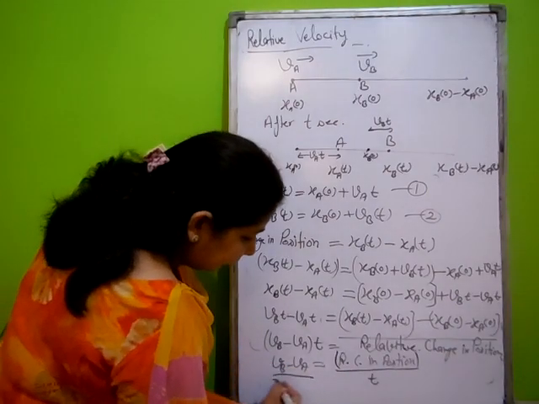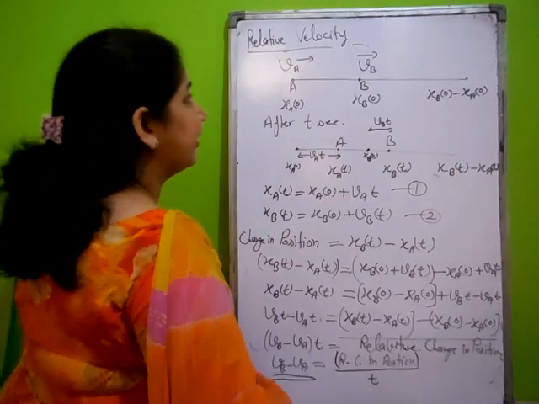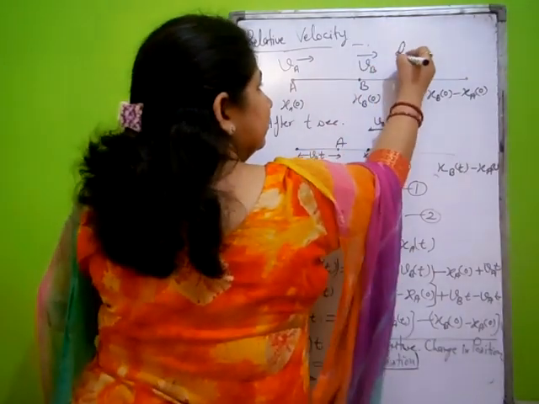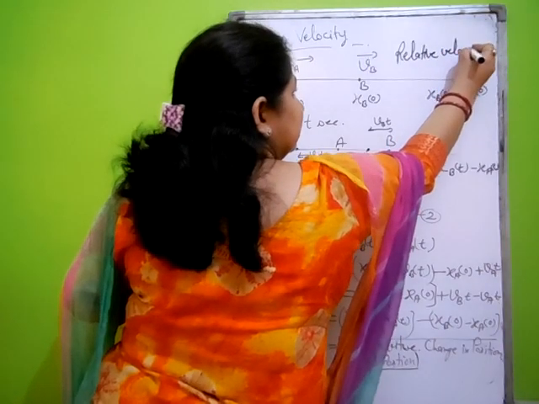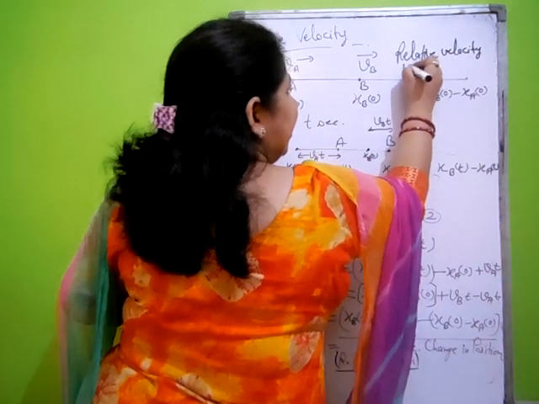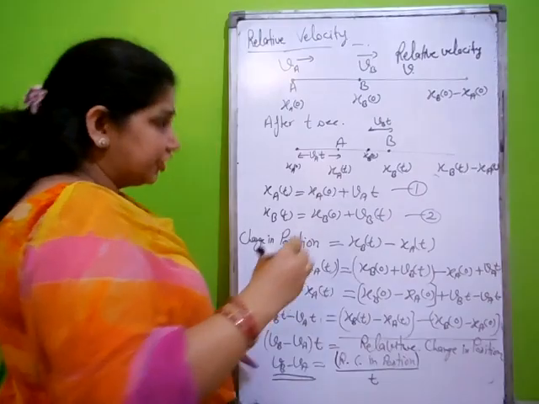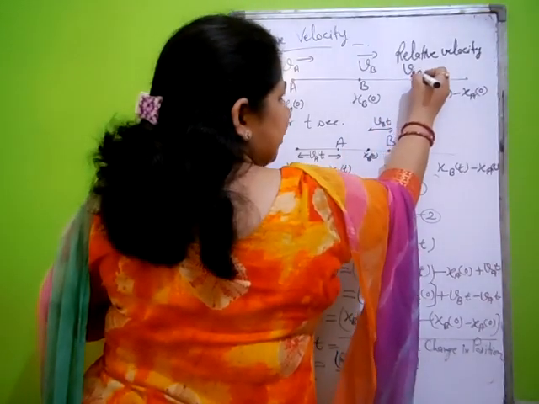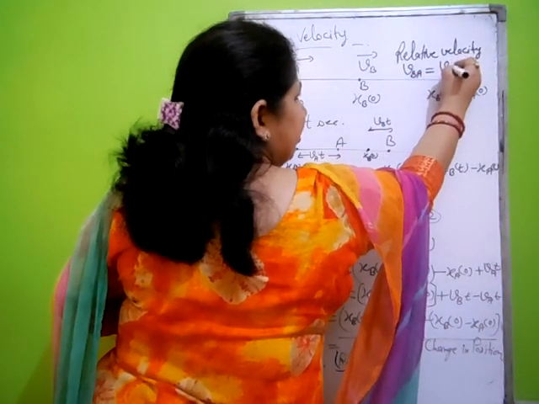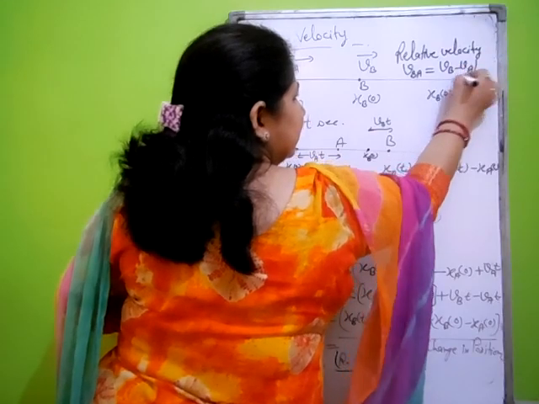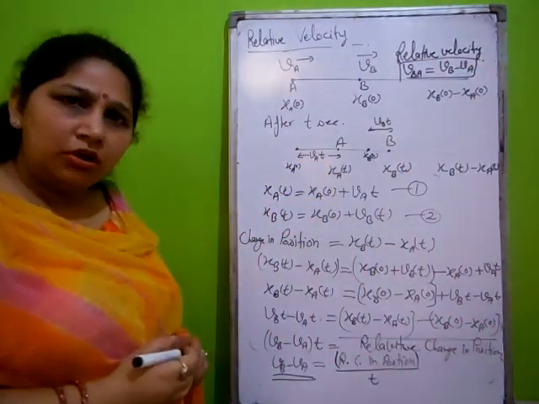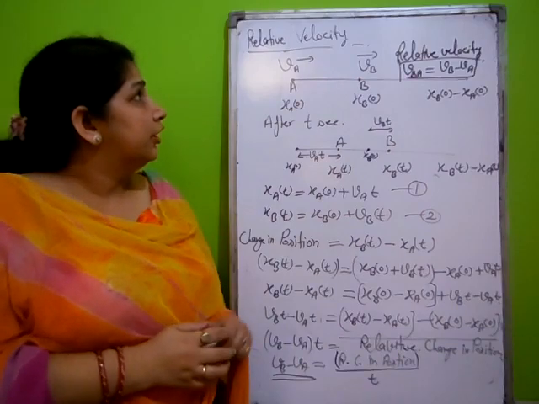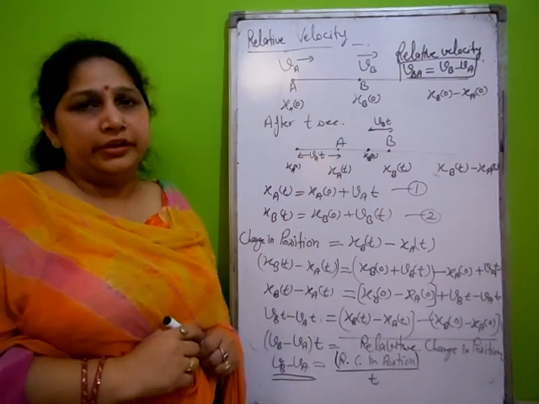Means this is the relative velocity. Then we can write relative velocity of B with respect to A is equal to VB minus VA. This is the formula. Here we can derive. Got it? It is all about the relative velocity.